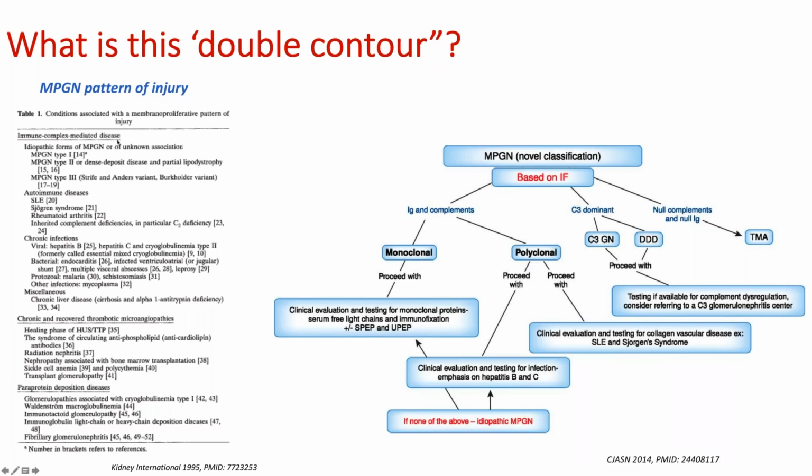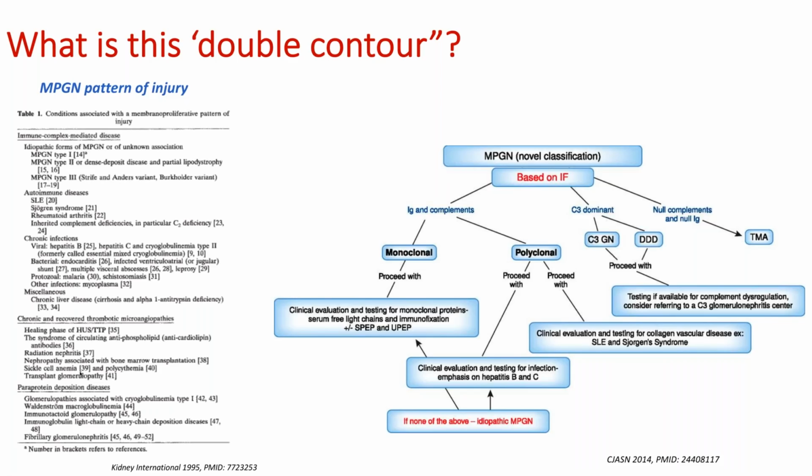You can broadly divide them into three groups: immune complex mediated disease, chronic and recovering thrombotic microangiopathy, and paraprotein deposition disease. So in other words, the moment you see somebody presenting with proteinuria, do a biopsy, and the native kidney biopsy shows double contour, we run this quick checklist to see which of these diseases is the reason for the double contour.